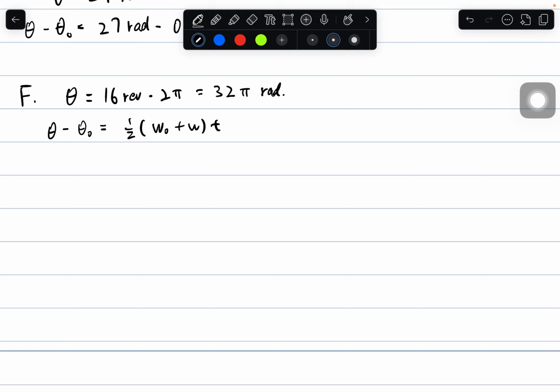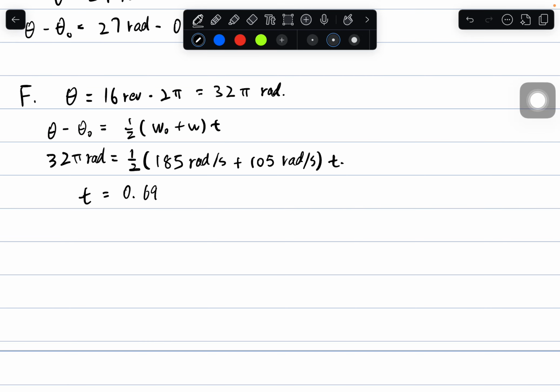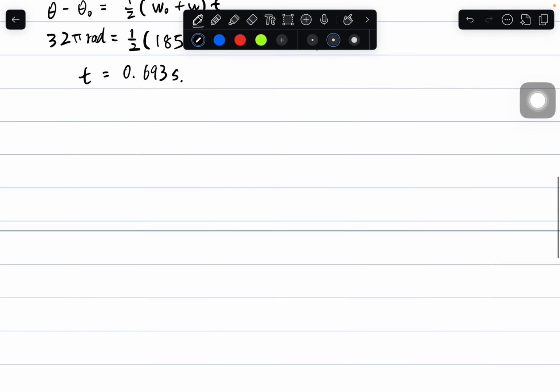We know the difference of angle is 32 pi rad, which equals 1/2 times the initial, 185 rad/s, plus 105 rad/s, times the time, and we solve for time. So time then equals 0.693 seconds. Okay, that's part F.